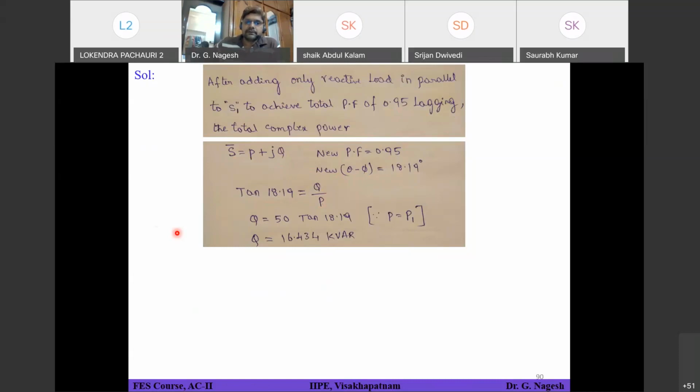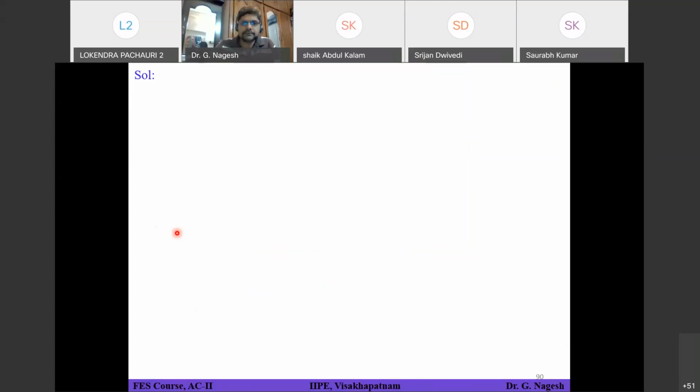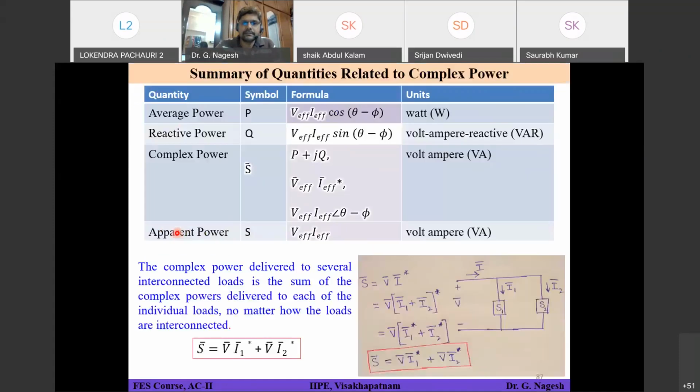Right. Now, I have told here, somewhere here, if you see this formula, total complex power is the sum of the individual complex powers.